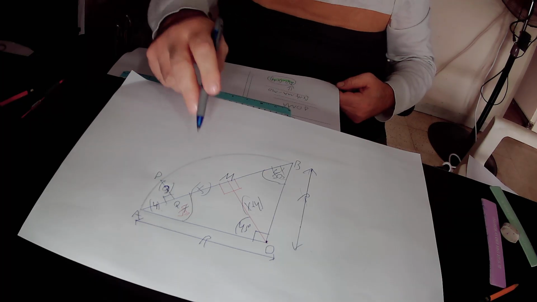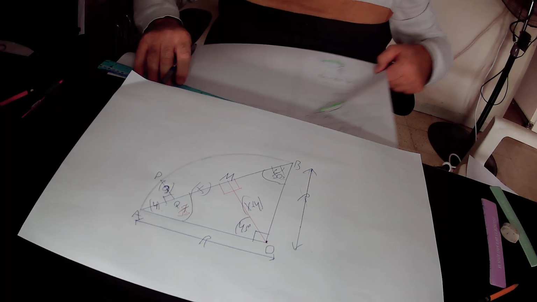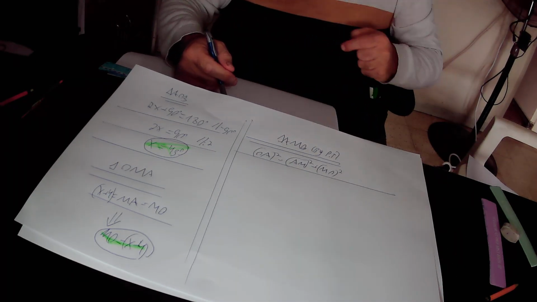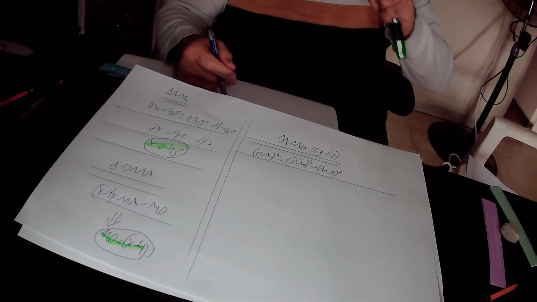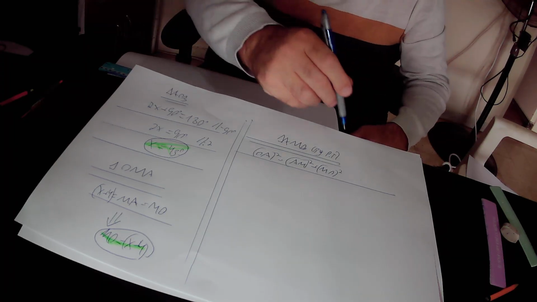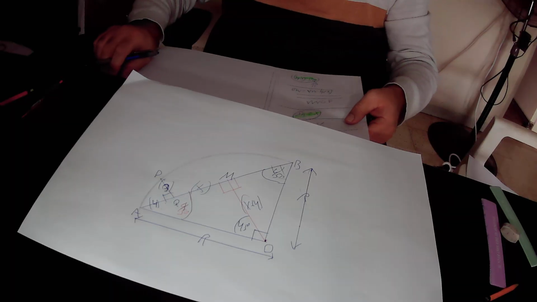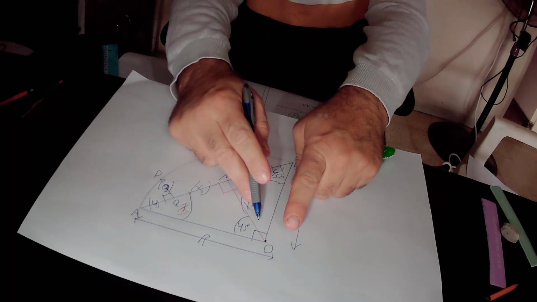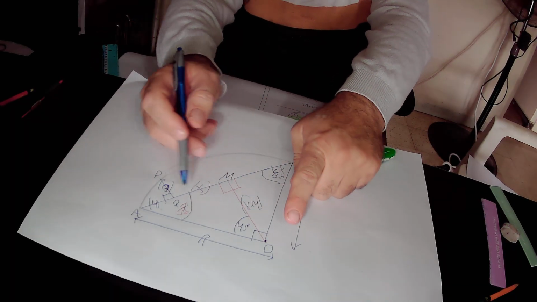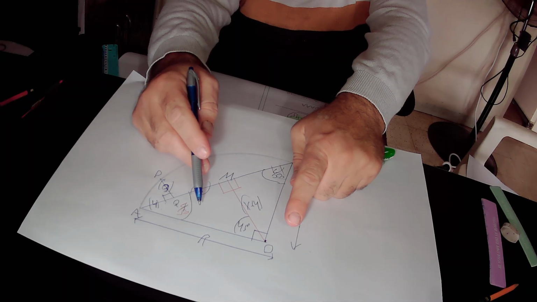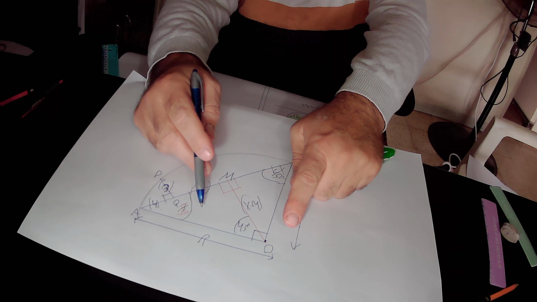Again, in this right triangle AMO, according to the Pythagoras theorem, OA square, the square of the hypotenuse, equals AM square plus MO square. OA is the missing hypotenuse, and it is also the radius of this quarter circle.